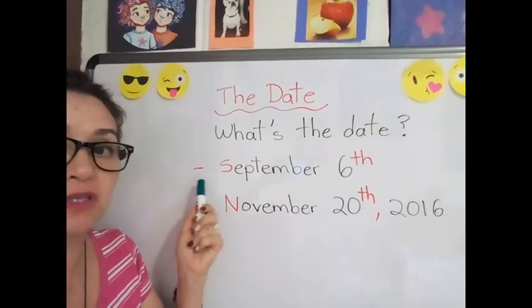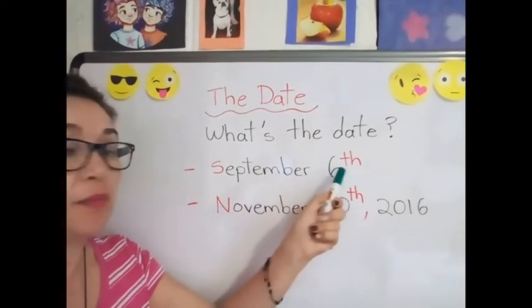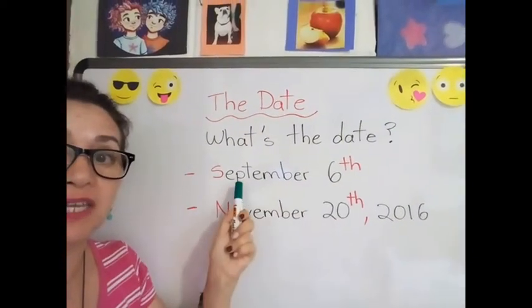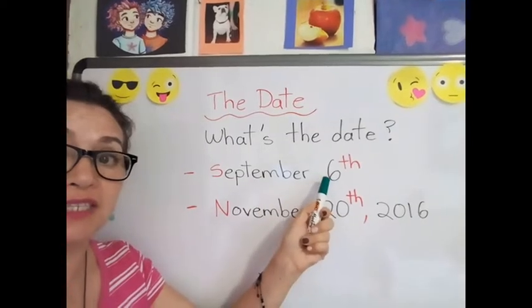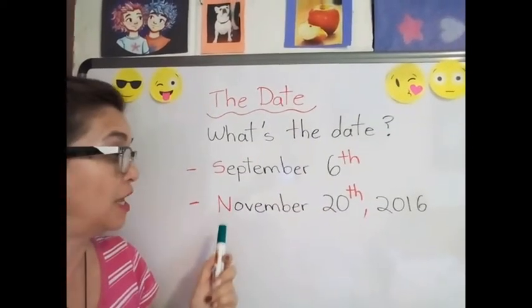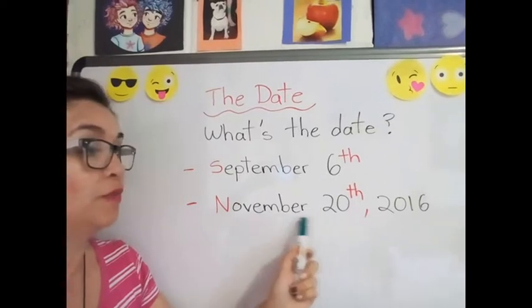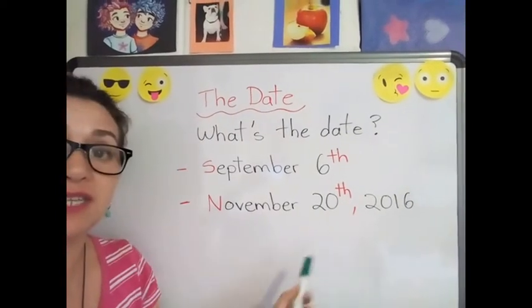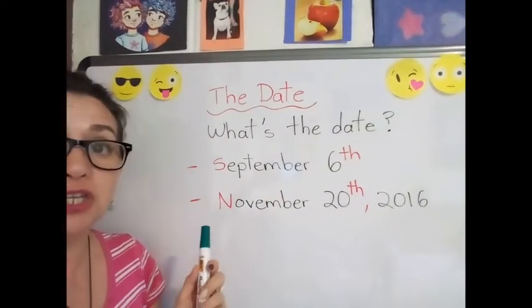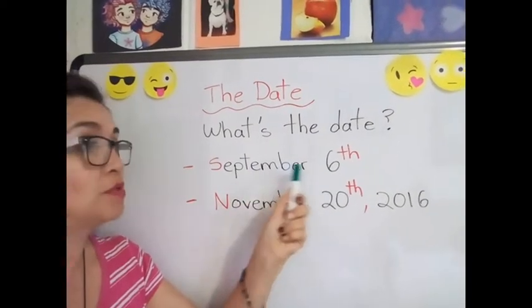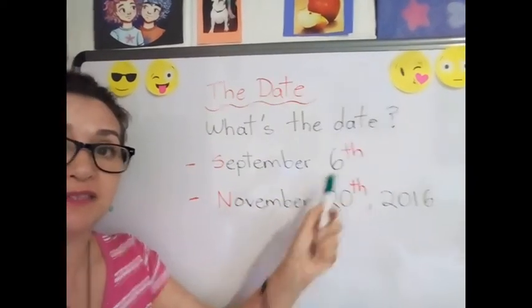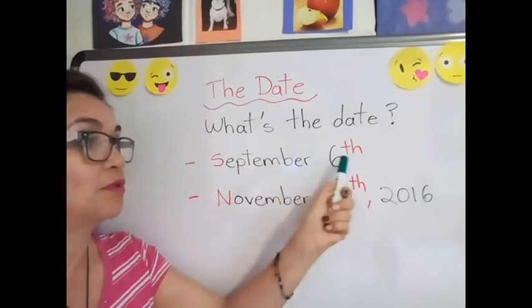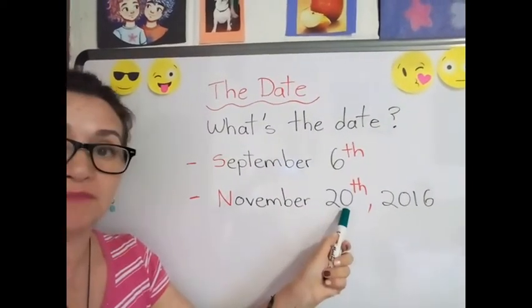For example, today is September 6th, just telling the month and the date. Or we can also say today is November 20th, 2016. In English, the month comes before the date. Like this, September 6th, November 20th.